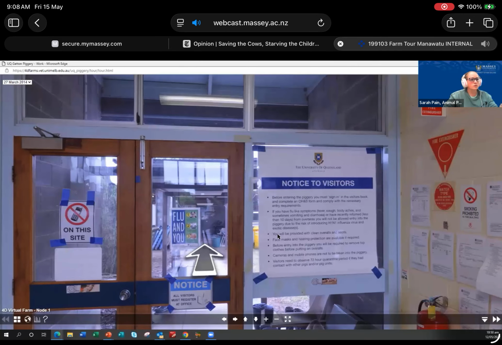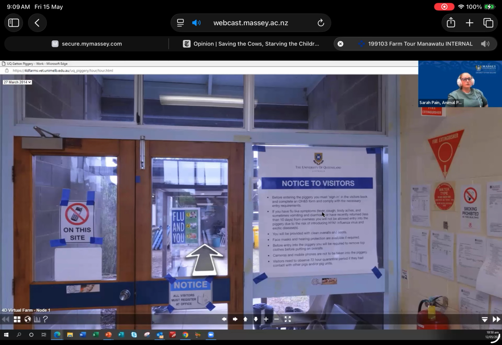In addition to the piggery providing you with the overalls and the boots, there are some quarantine rules that you have to abide by. This was back in 2013-14 when swine flu was causing some problems, but flus and things like that can transfer between humans and pigs.